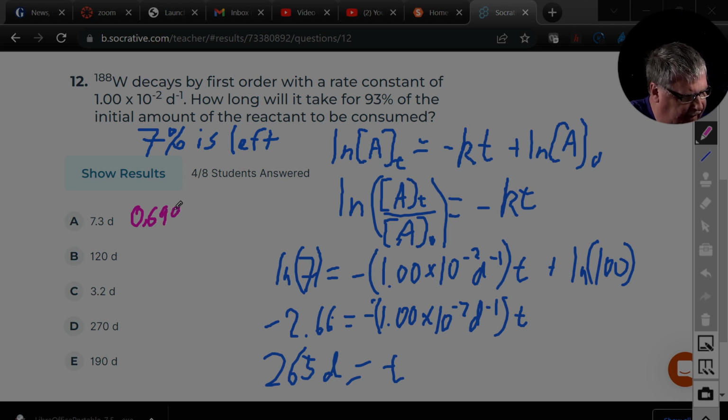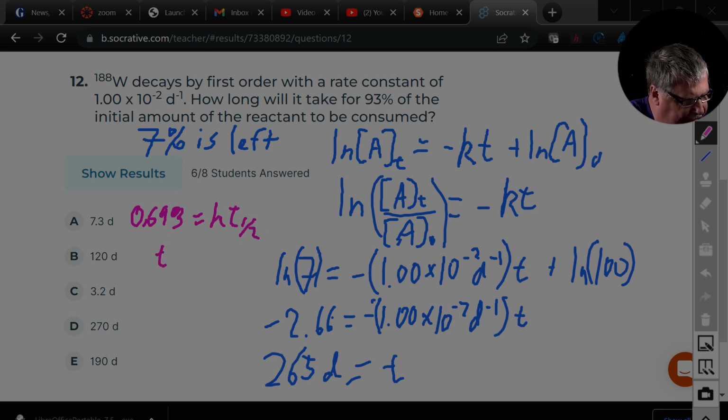This is another equation that you'll see in the back of the exam, and that is the half-life. 0.693 is equal to the rate constant times the half-life time for a reaction.